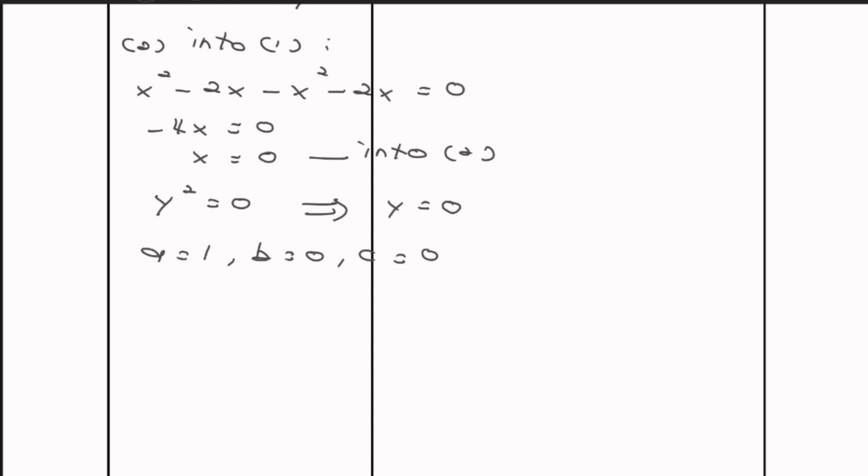I'm going to substitute this into b squared minus 4ac, which gives 0 squared minus 4 multiplied by 1 multiplied by 0. So we get exactly the value 0.